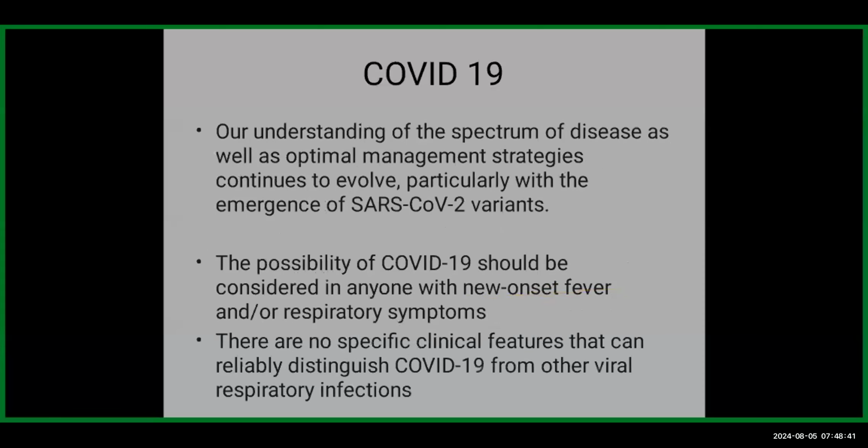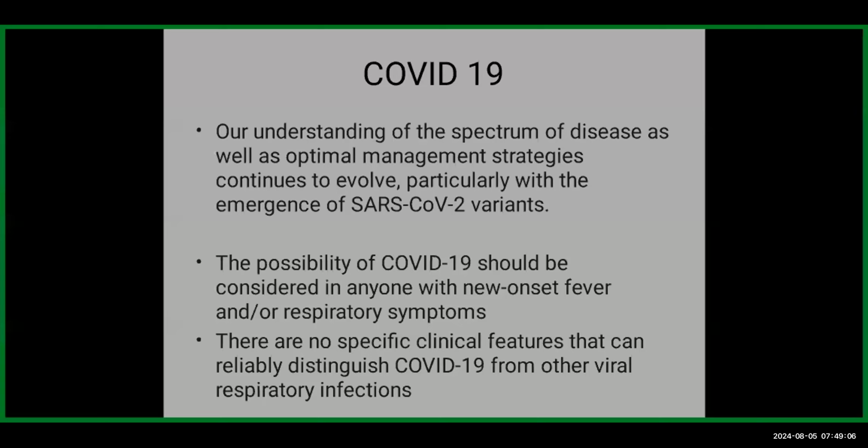The patient in question appears to have a severe complication, and our understanding of the spectrum of disease as well as optimal management strategy continues to evolve. SARS-CoV was discovered before, but COVID-19 only came into existence in 2019, so the knowledge about it is still evolving.